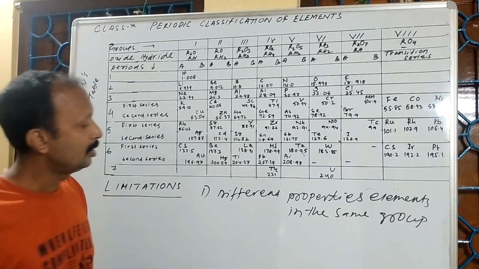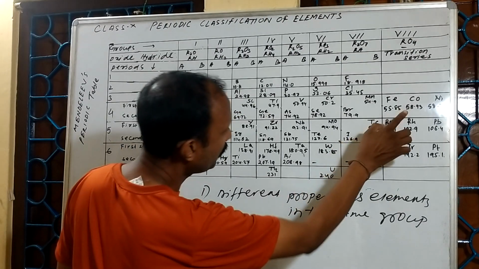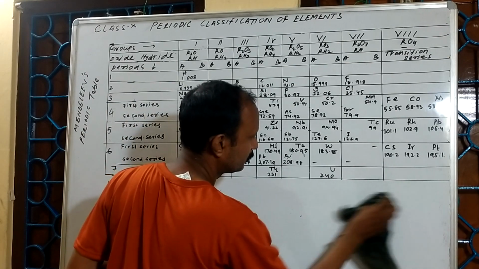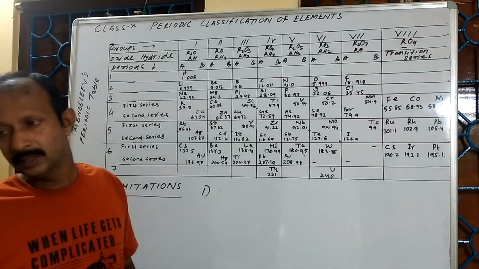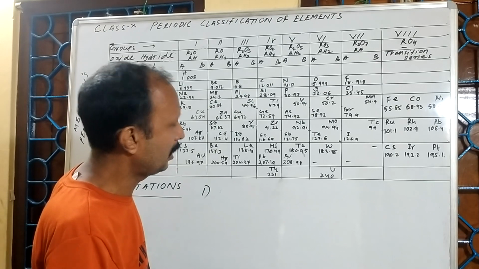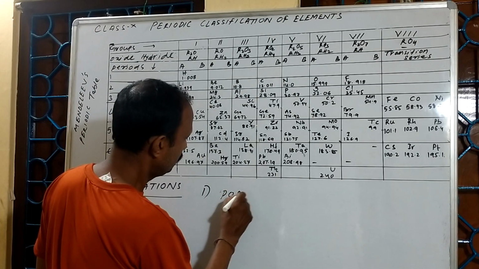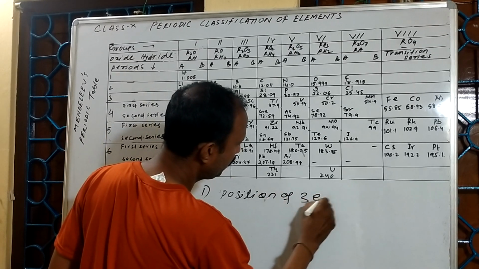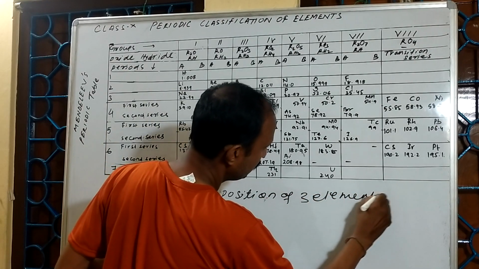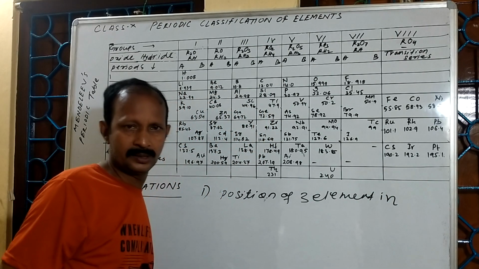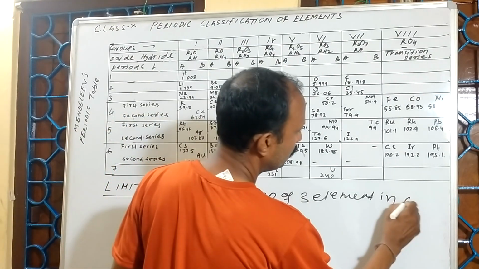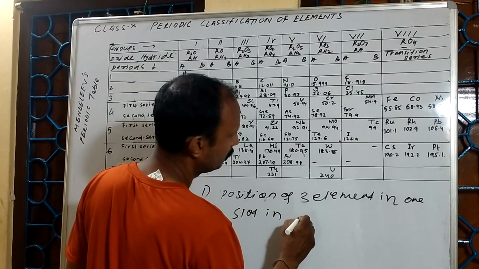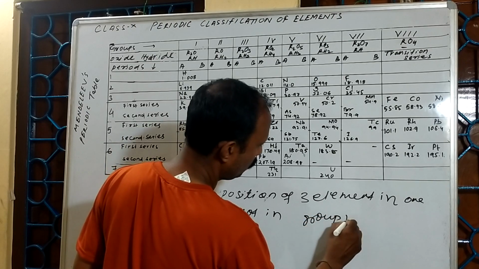Next one is the position of three elements in one place. I said position of three elements earlier also. Three elements in one slot in group 8.